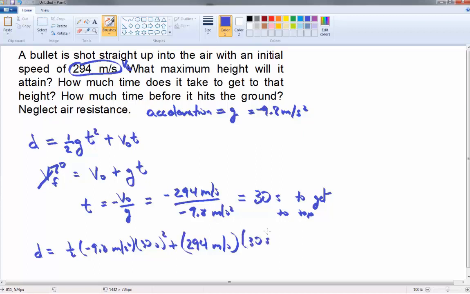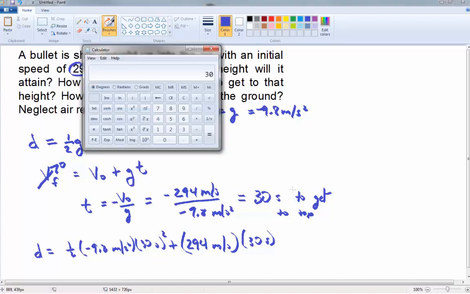So let's plug those guys in. We had 30, we'll go ahead and square it, we'll multiply it by 9.8, make sure that's a negative, then we multiply that by 1/2. So divided by 2.